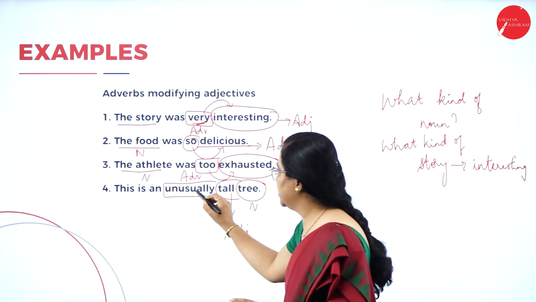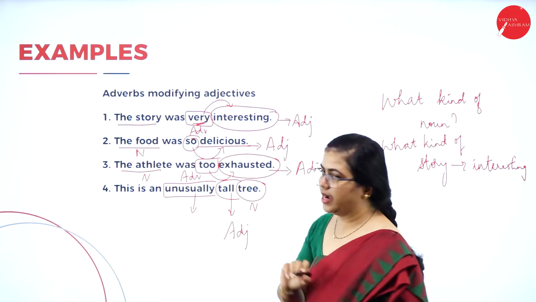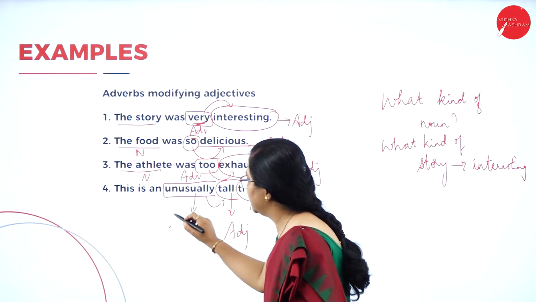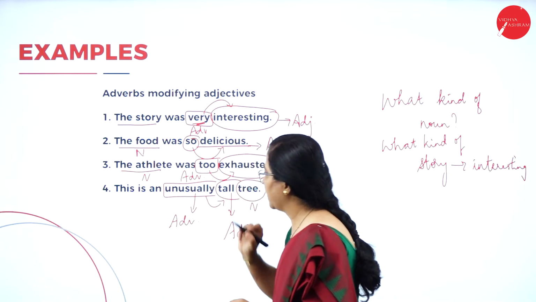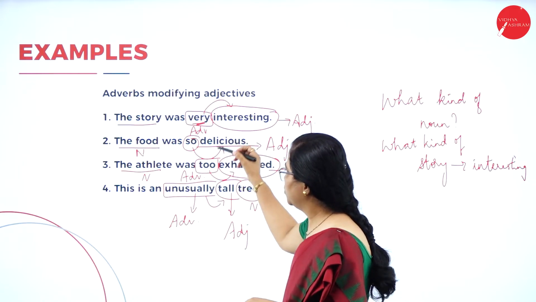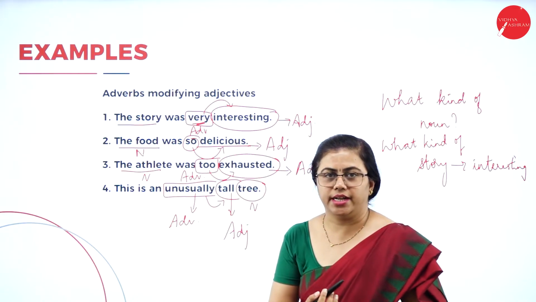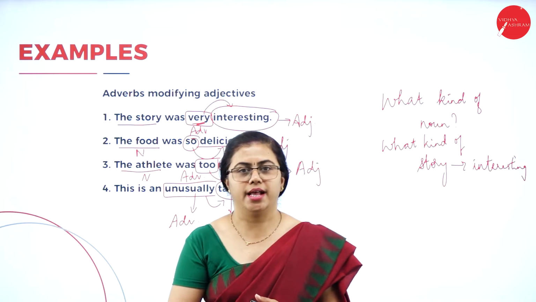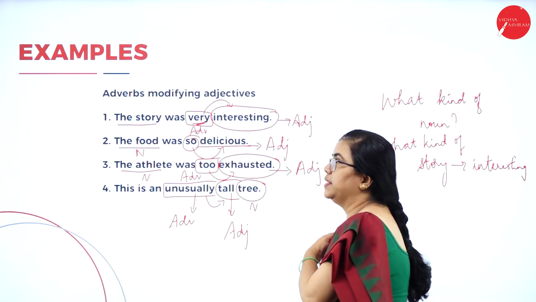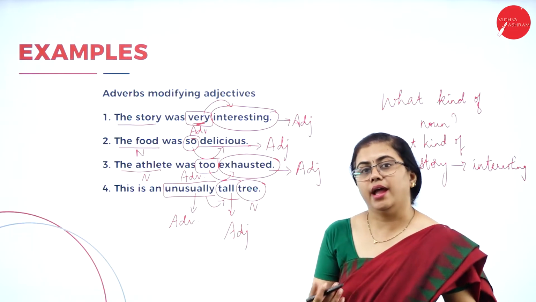So this is modifying another adjective. Unusually is modifying another adjective. That is an adverb. So those words that modify another adjective can also be considered as adverbs. They are also called adverbs. So these were the examples of words that modify adjectives.